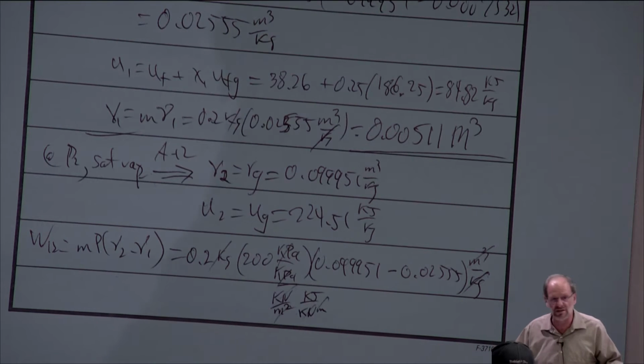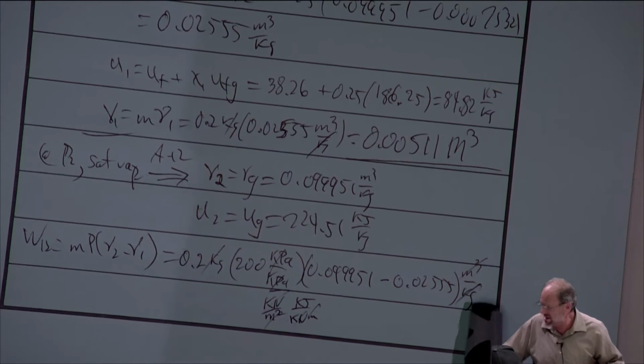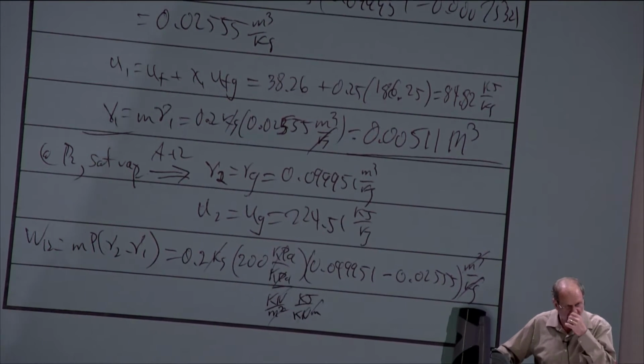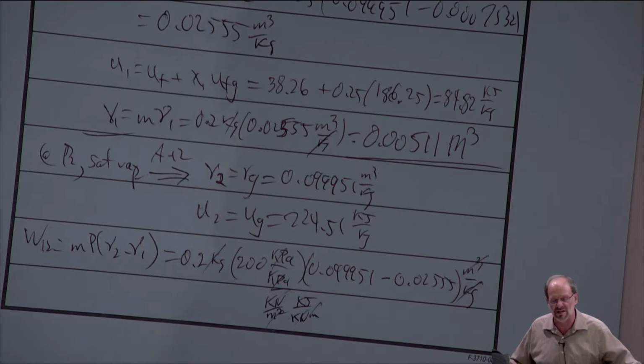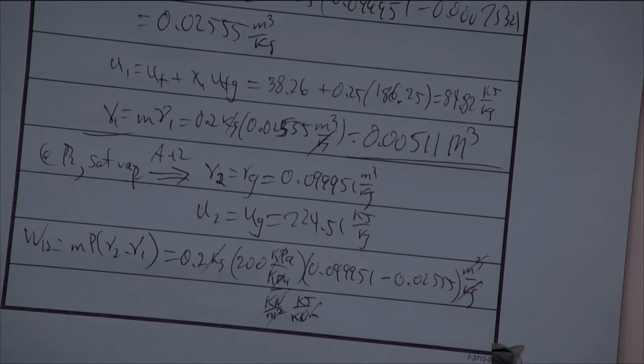Caution, in the British system, it's not going to work out this easily. It will definitely not work out this easily. You'll have PSIA for your pressure units, and then cubic feet per pound. A PSIA cubic foot is not the same thing as a BTU. You're going to have to go into the conversion factors, which is in the inside back cover of your book, or in my case, the last page of the handout.